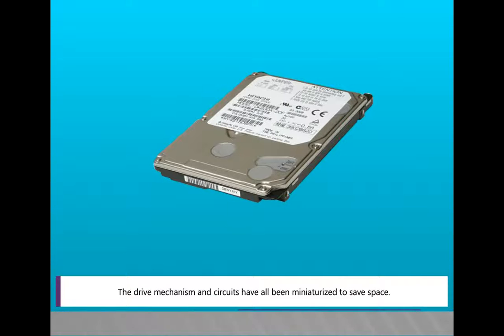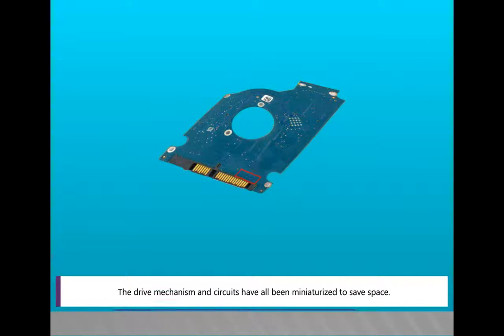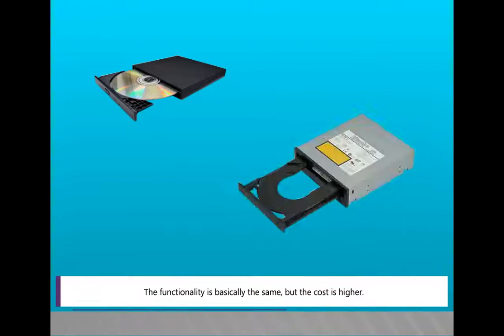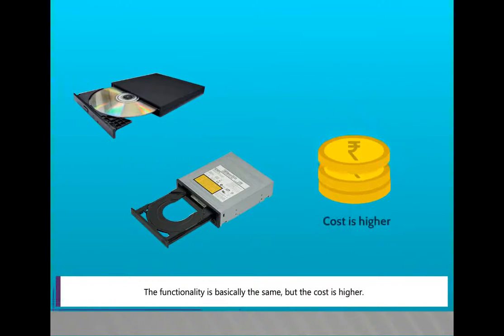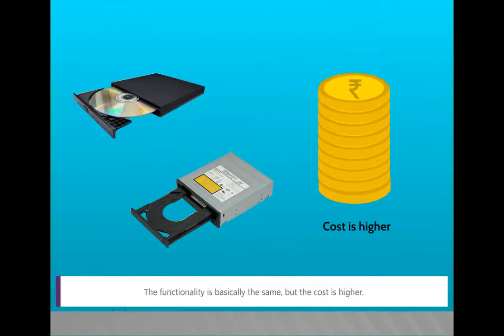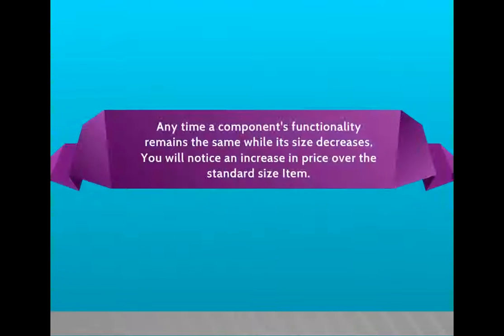The drive mechanism and circuits have all been miniaturized to save space. The functionality is basically the same, but the cost is higher. Anytime a component's functionality remains the same while its size decreases, you will notice an increase in price over the standard size item.